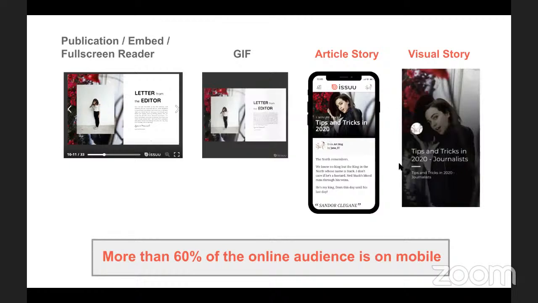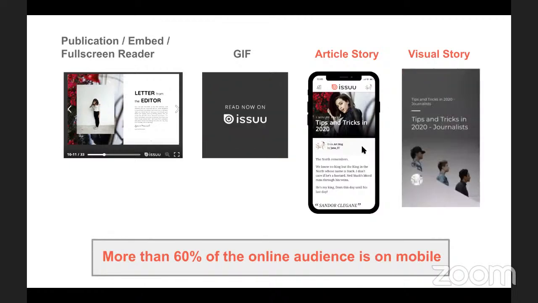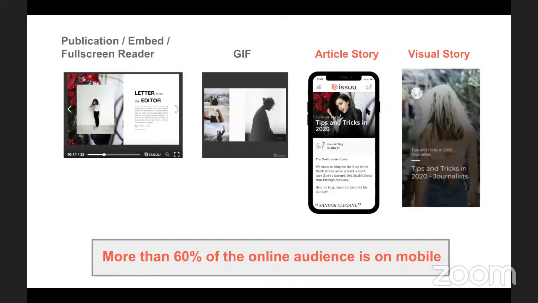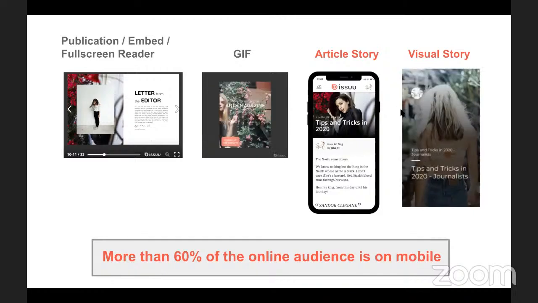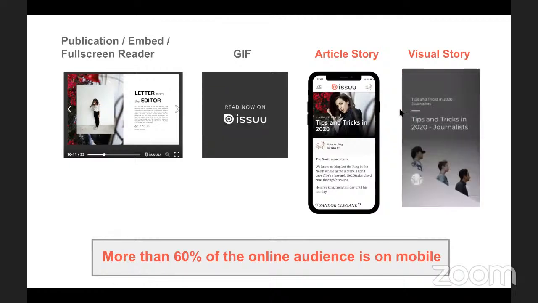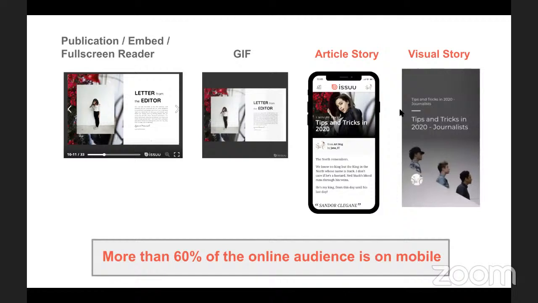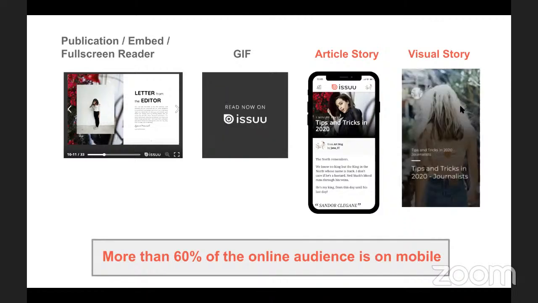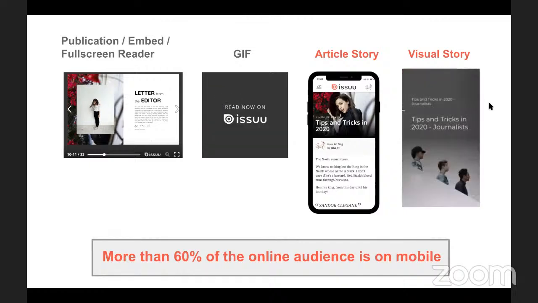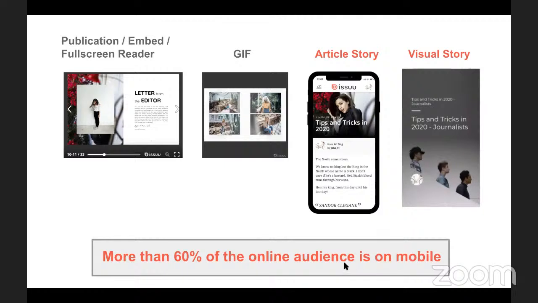You can already see the differences visually. An article story is more of an article form, where you take specific article pieces from your original document and translate them into something different. A visual story is more about grabbing different visual assets and creating an MP4 slideshow from them.